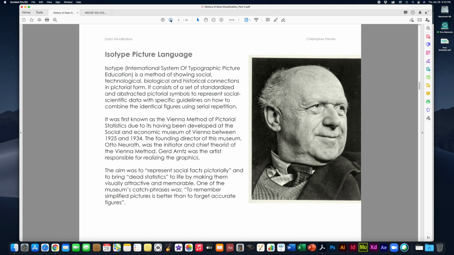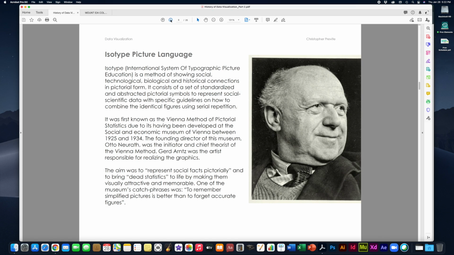And then if you were to line up 10 of those little pictograms, well, then you have 1,000 people. And so this is really where art and design starts to make that very purposeful movement into data visualization.